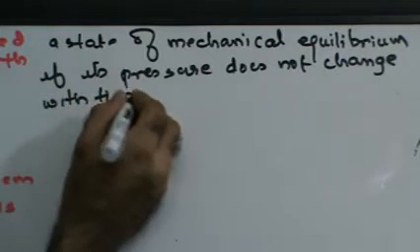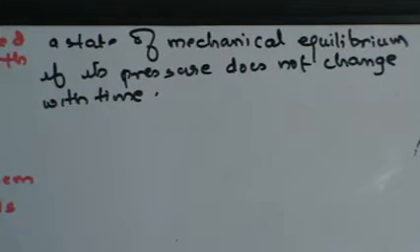If the pressure does not change with time, then the system is said to be in mechanical equilibrium. Next, chemical equilibrium.